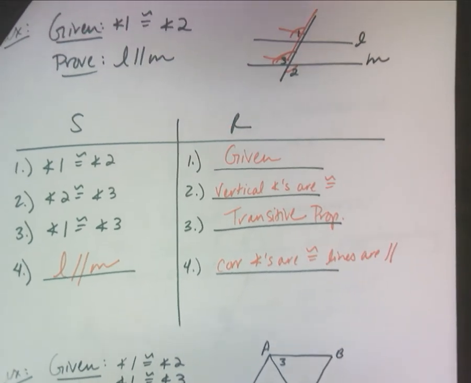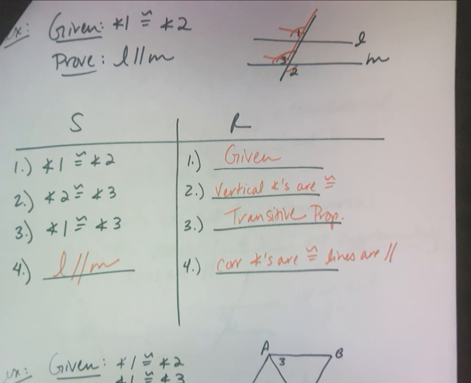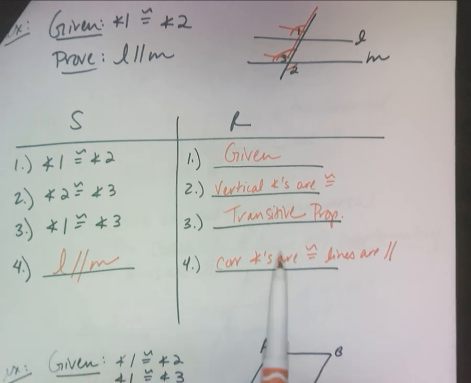So see, really easy, simple proof. Not too hard. This would be your last statement whenever you have a parallel. It would be like corresponding angles are congruent or alternate interior angles are congruent, the lines are parallel. That's what you say every time right here.